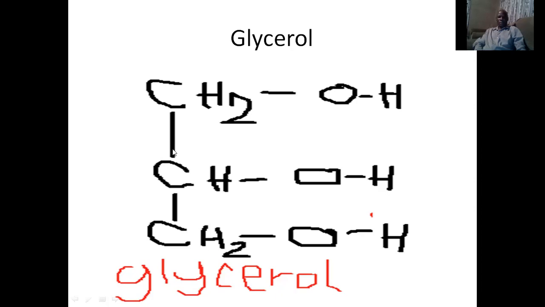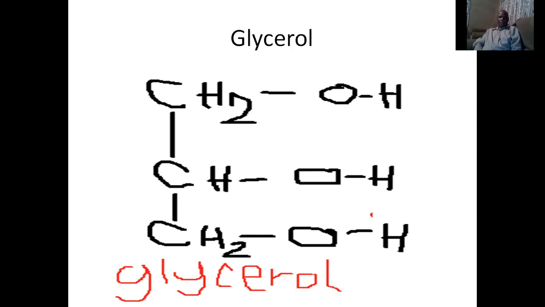So we have one, two, and then this one coming up to three, and then the one for hydrogen, that is four. So then hydroxyl, and then we have carbon, two atoms of hydrogen, and then hydroxyl. And so this is the molecule of glycerol.